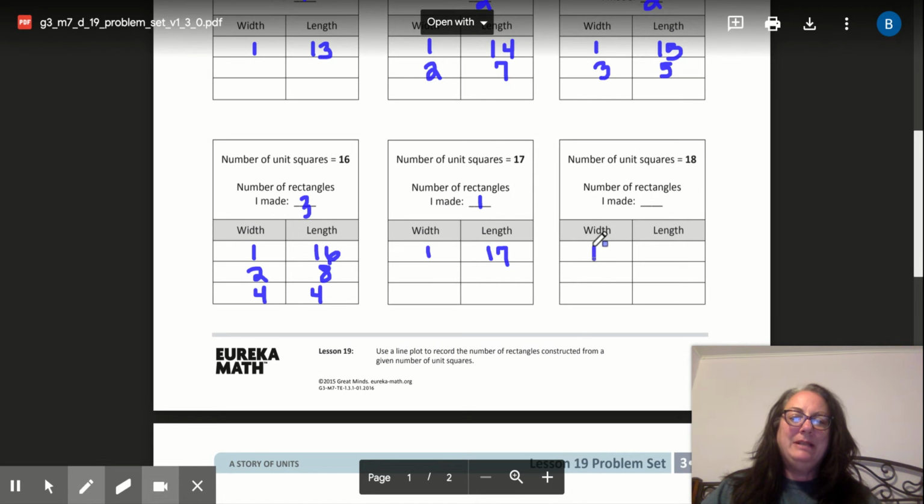So we have 1 times 18. 2 times 9. And 3 times 6. And if y'all didn't get these facts this fast, you need to be working on your multiplication tables too.